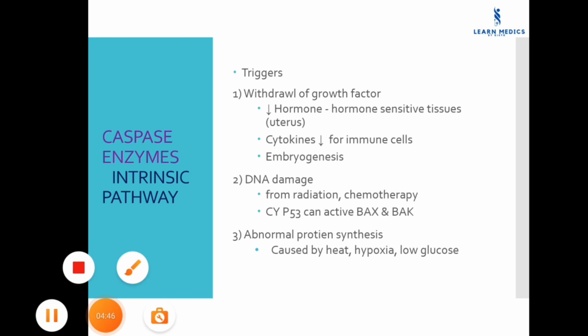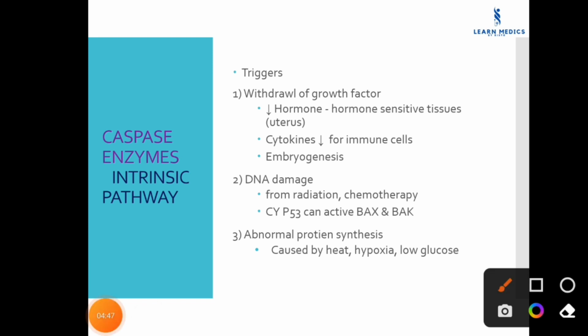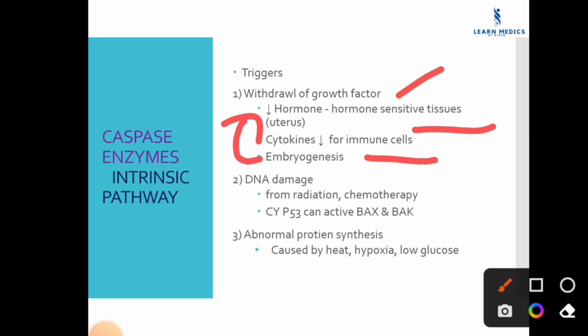The triggers: the first one is the withdrawal of growth factor, that is a decrease in hormone, like in hormone sensitive tissues such as the uterus. Any decrease in hormone triggers the activation of the intrinsic pathway. A decrease in cytokines for immune cells, or embryogenesis, also falls under the withdrawal of growth factor.